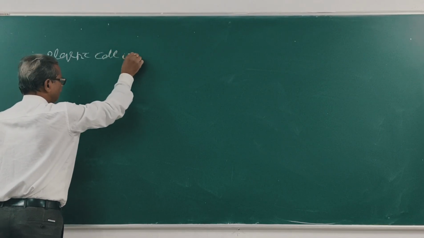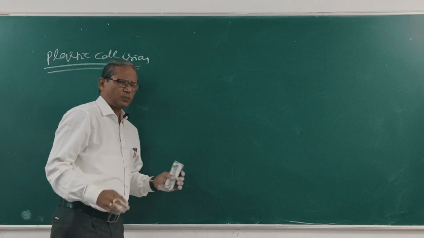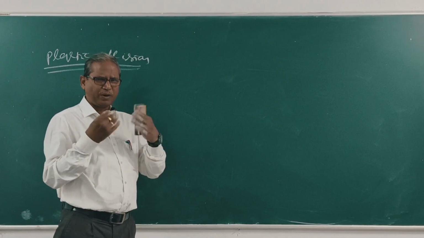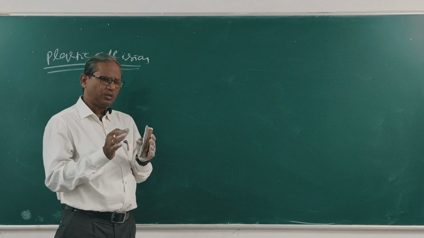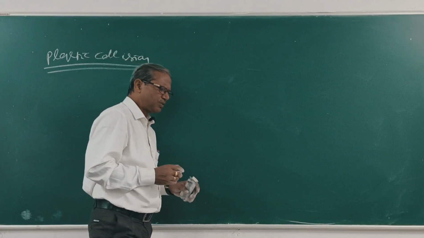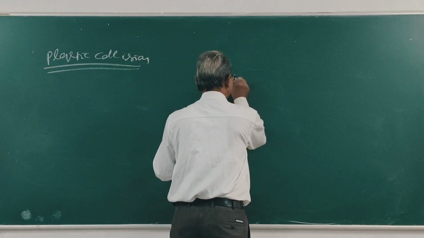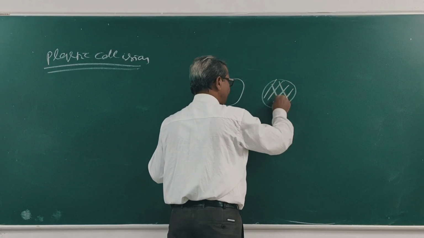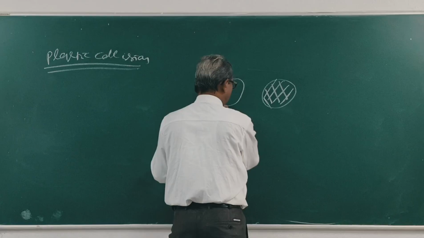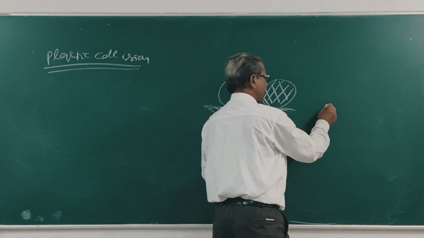Plastic collision. So in case of plastic collision, after collision, both the bodies will move with the same velocity. Suppose these are two bodies; this is before collision, this is after collision.